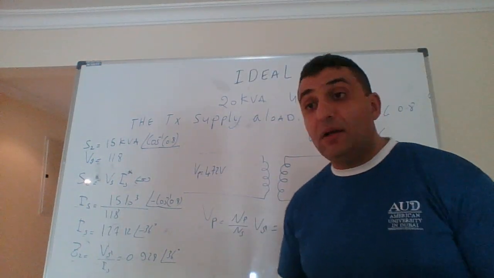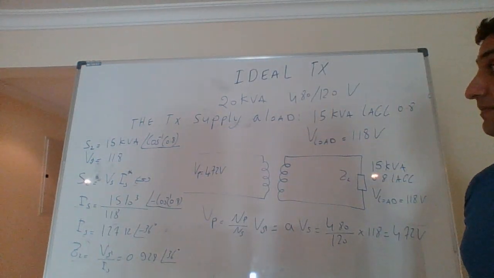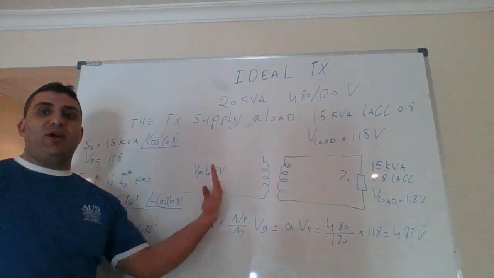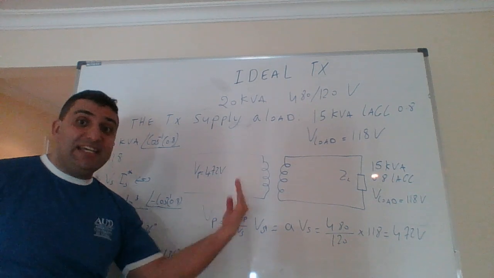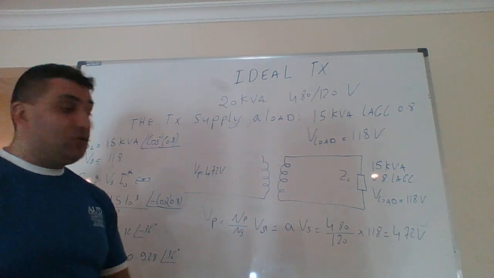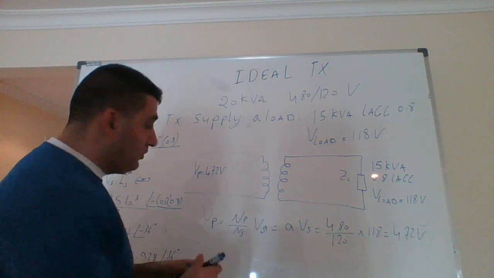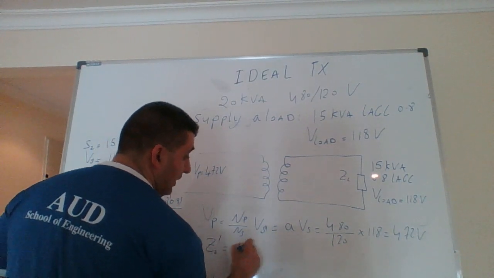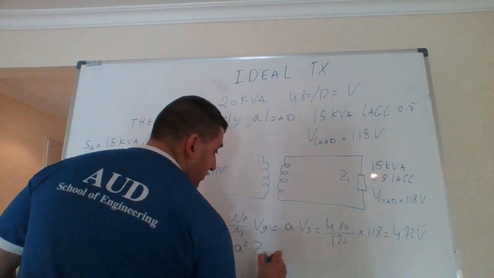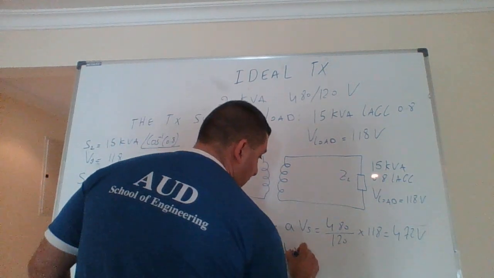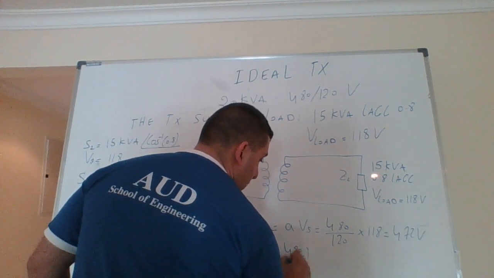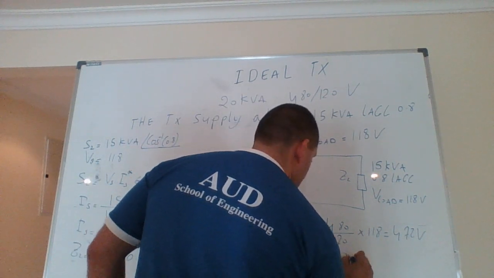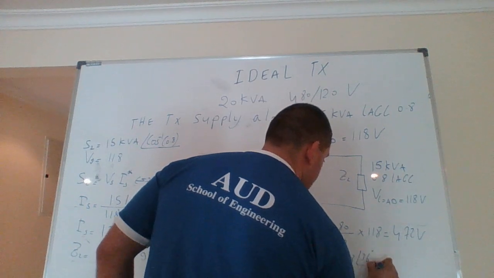Is that clear? Now, the third question is to calculate the impedance seen from the primary. I apply the equation that I learned, which is Z2 dash equal to A squared times Z2, which is 480 divided by 120 squared, multiplied by 0.928 angle 36 degrees.